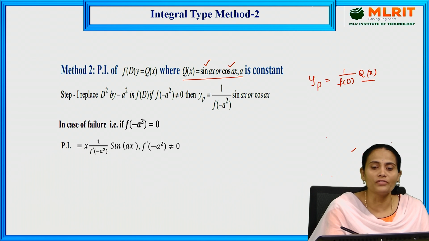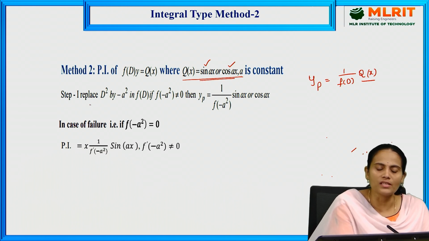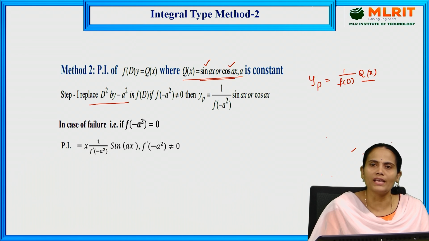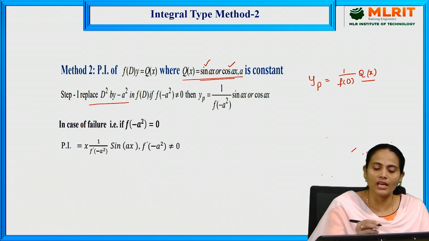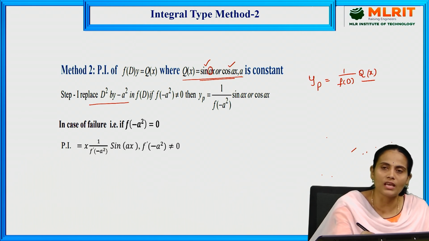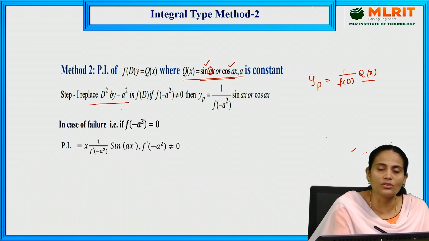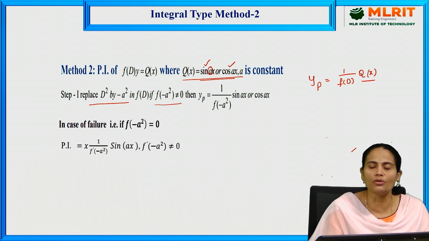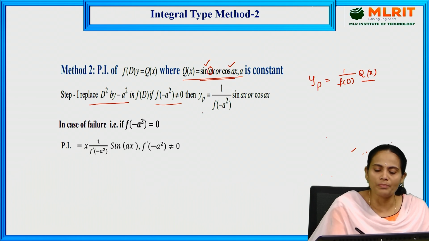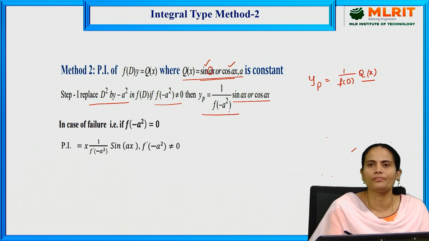To find yp, replace D square by minus a square in f of D. If f of minus a square is not equal to 0, then yp is 1 by f of minus a square into sin ax or cos ax.